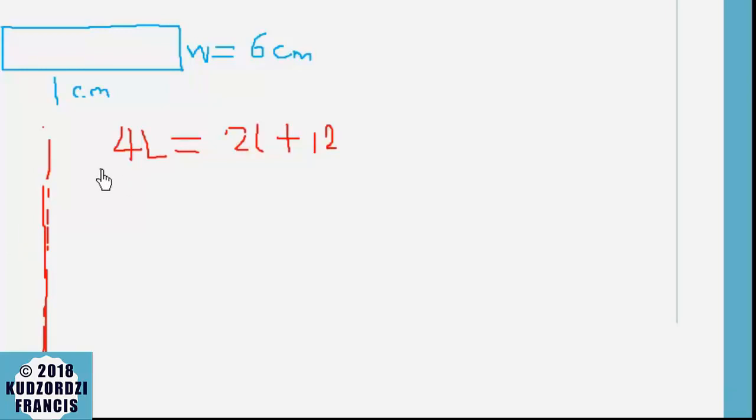So when you divide 2 by 4, you are going to get our capital L to be equal to 1 over 2 small l plus 3. So let's call this our equation 1.